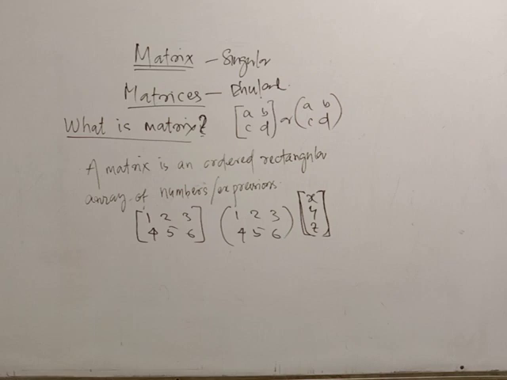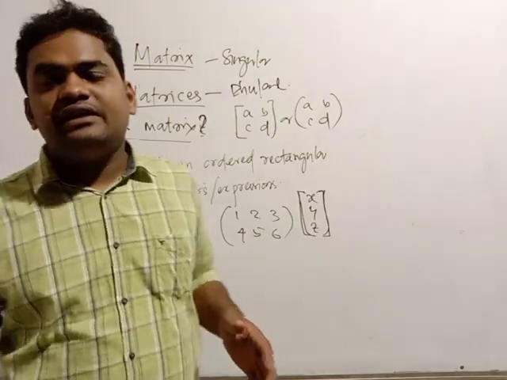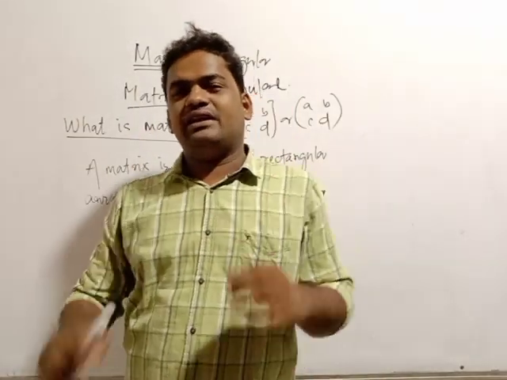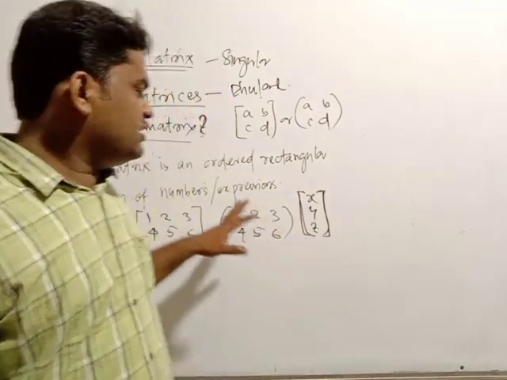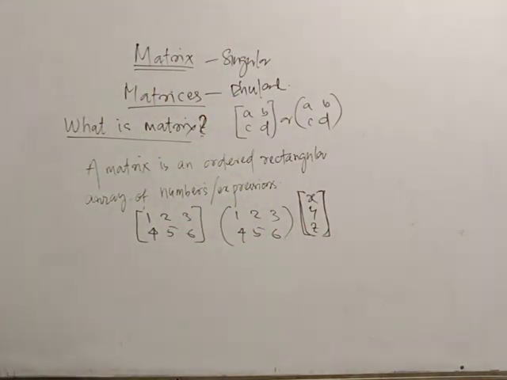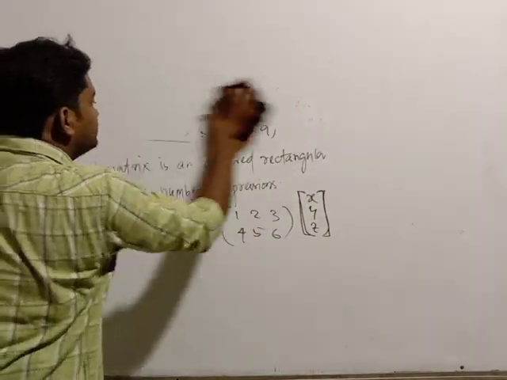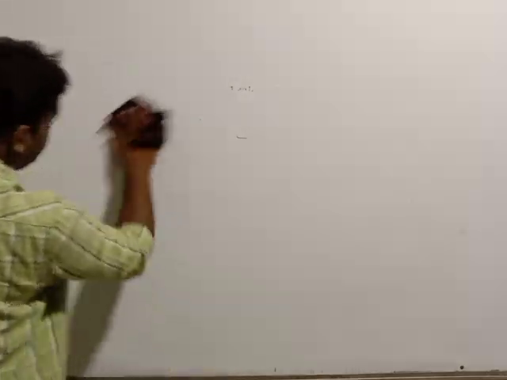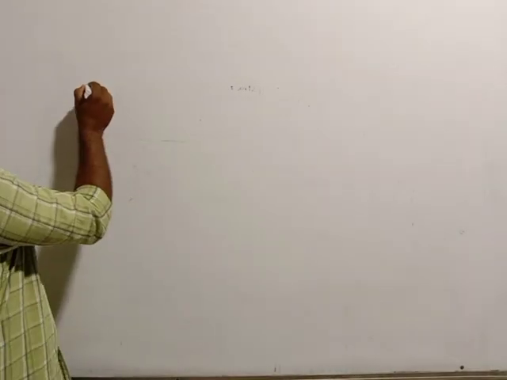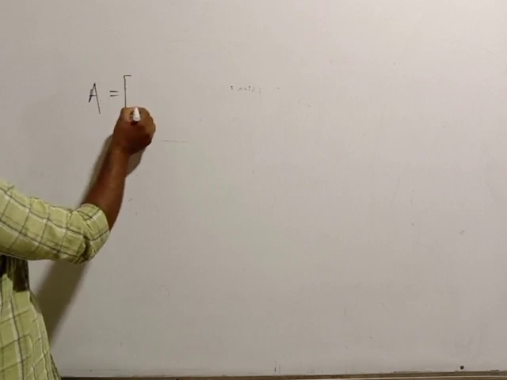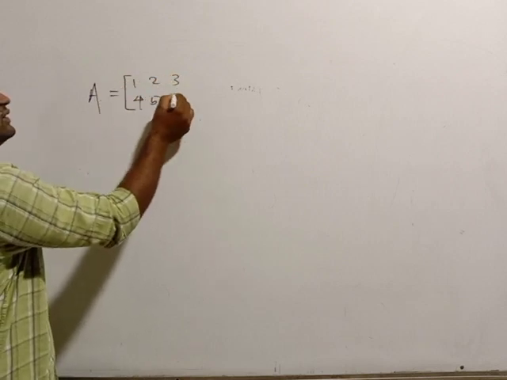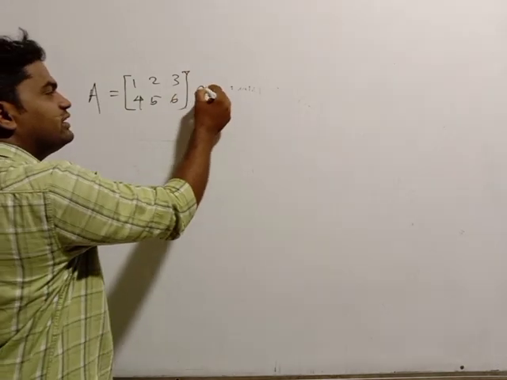So generally we know that if we write some numbers in a rectangular manner, then that rectangular arrangement is called a matrix. Generally, matrices are denoted by capital English alphabets. Look here, the matrices are simply denoted by capital English alphabets.